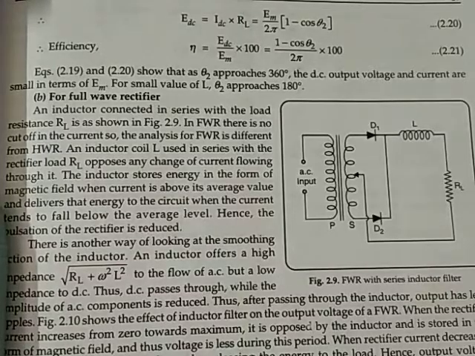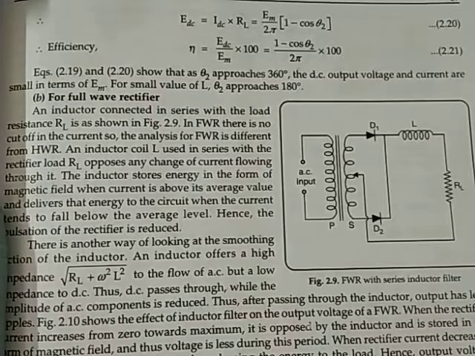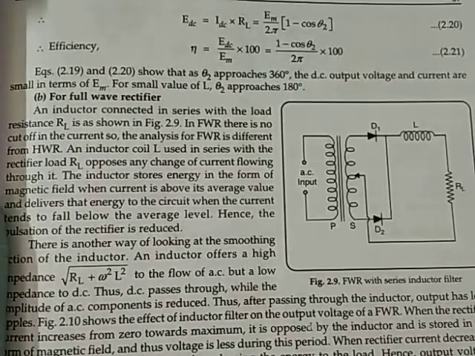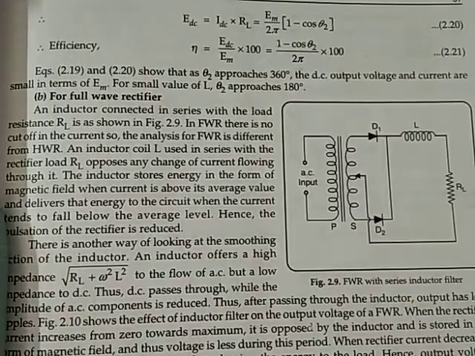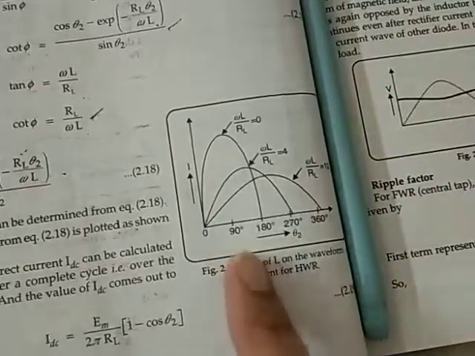So in other words, the output DC voltage as well as the current are very, very small; they approach 0. When we have smaller values of R, you can see that theta 2 is approaching 180 degrees.